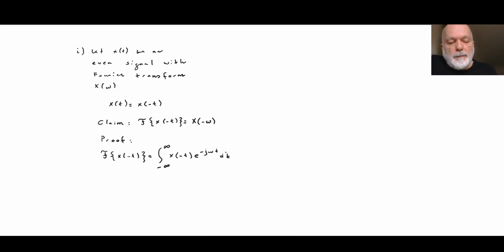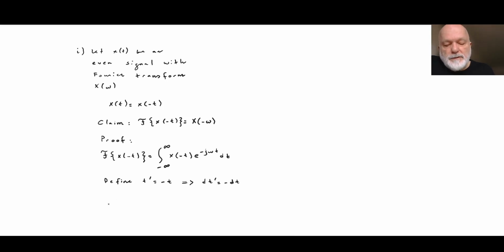Okay, so we can define a new variable, t prime as minus t. So this means that the differential element dt prime is minus dt.